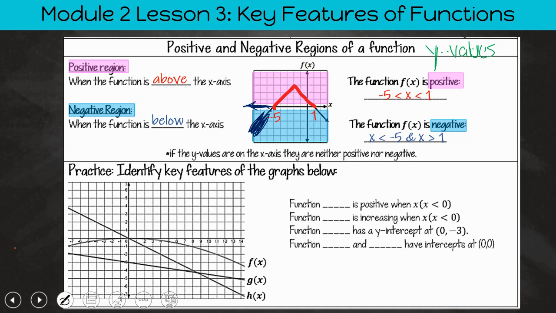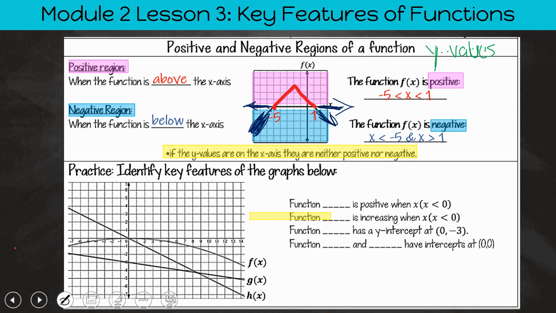And when x is greater than 1, so over here, then that's when my values are also in the negative region of my coordinate plane. Okay. If the y values are on the x-axis, they are neither positive nor negative.